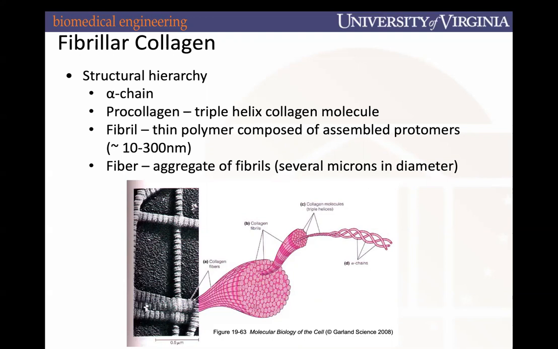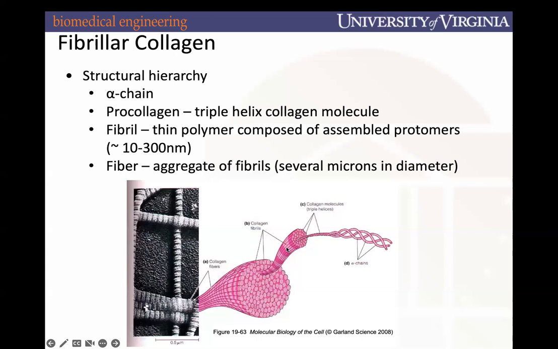And as that happens, there's also a lateral association. So let me use my mouse here to try and indicate that. We'll have multiple collagen molecules linking together end to end, but then they'll begin to laterally associate into bundles that we call collagen fibrils. These fibrils are typically about 10 to 300 nanometers in thickness.